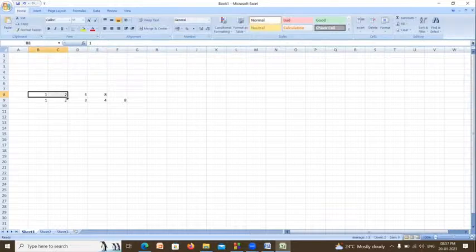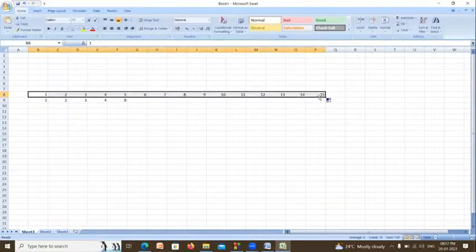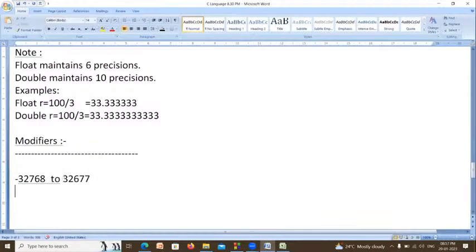In this way, if you write up to the last bit, the final value is 32,767, to minus 32,768. In between these two only we can store.